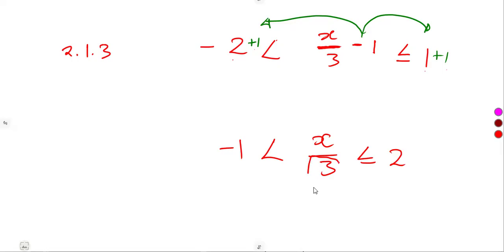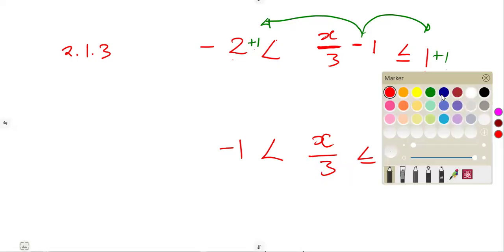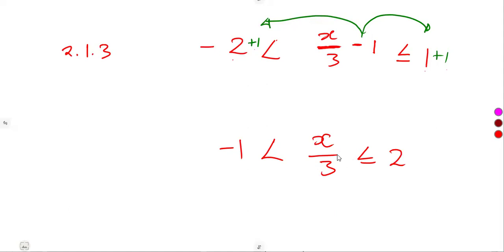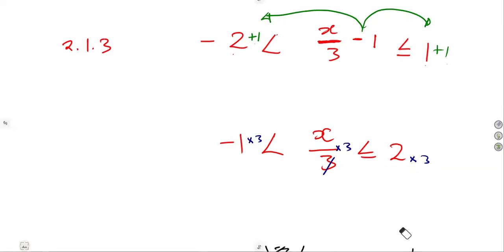How do we get rid of this 3 in the denominator? If you are given a denominator like that, to get rid of the 3, you must multiply by it so that it cancels. You remain with x. But remember, it's an inequality. Whatever we do here must be done throughout. So this side, we're going to multiply by 3. This side, we're going to multiply by 3. We are multiplying by a positive number, so it does not affect anything.